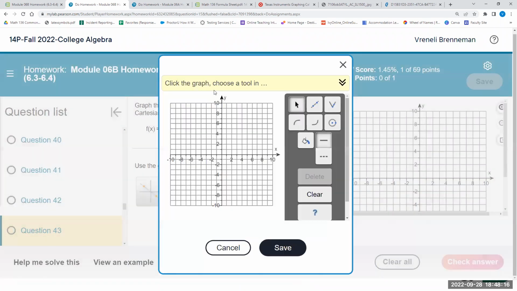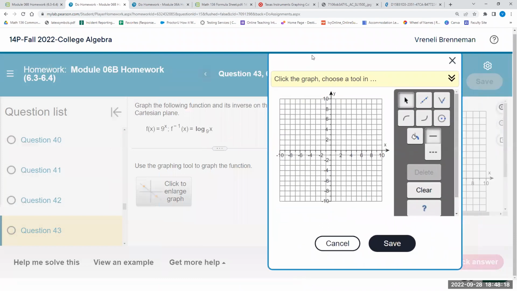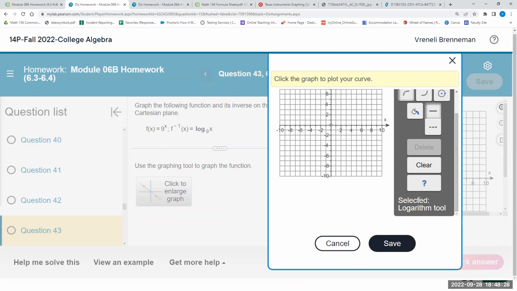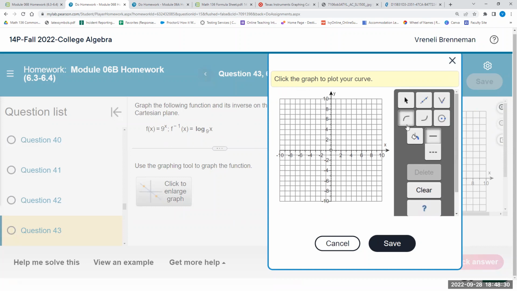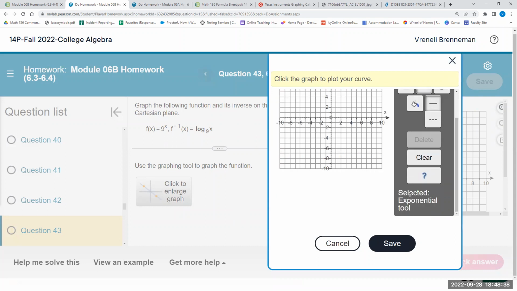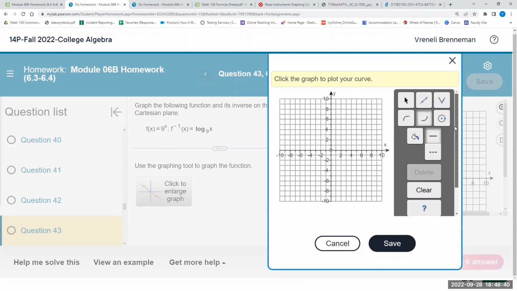In this one, we're graphing the function and its inverse. Notice the only thing here is the base, 9 to the x, and then log base 9 of x. So I'm going to graph both. This is the logarithm tool that starts out vertical and flattens out, and the exponent tool starts out horizontal and curves.